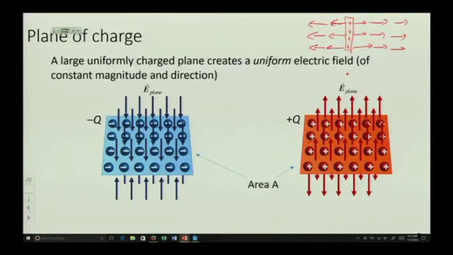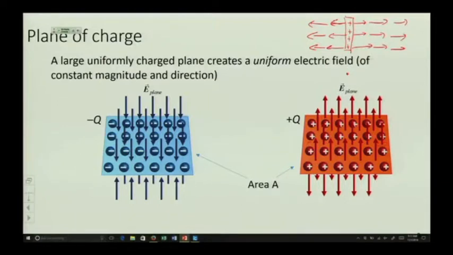Okay, what is the magnitude of the field? That, again, we don't have the tools to calculate without doing calculus. But if you do go through the calculation, you get a very simple response. So if I have a plane which is pretty big, so you notice the word large and uniformly charged.